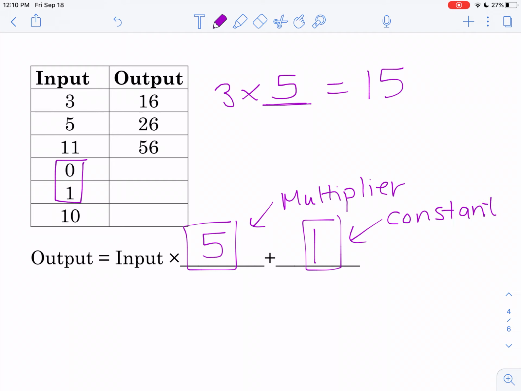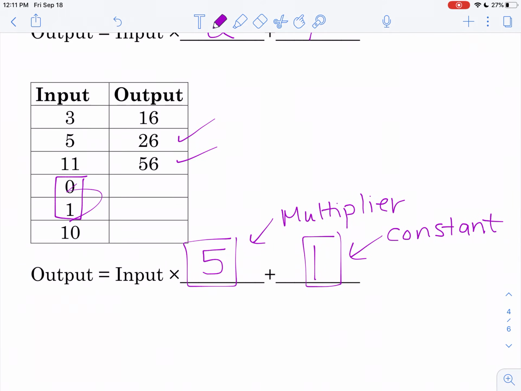And let's make sure it works for all the other inputs and outputs as well. 5 times 5 is 25, plus 1 is 26. 11 times 5 is 55, plus 1 is 56. So the rule works for those three sets of inputs and outputs. Remember that for when the input is 0, 0 times 5 would just be 0.